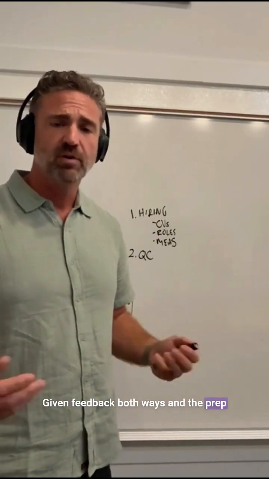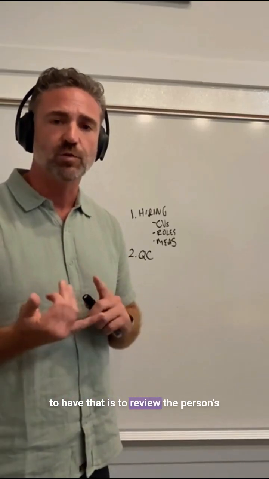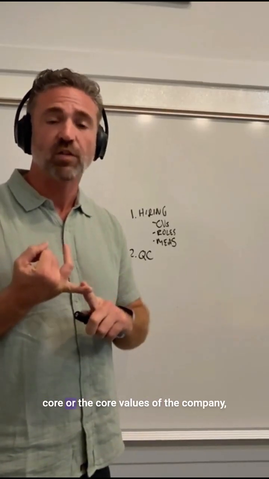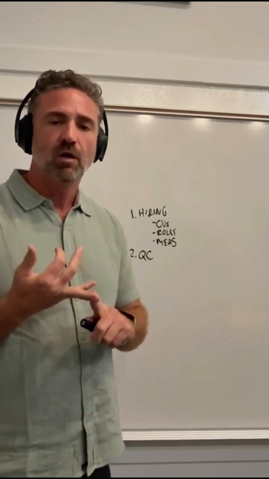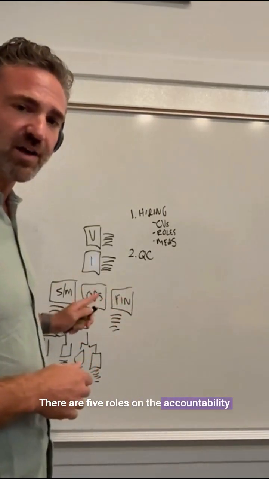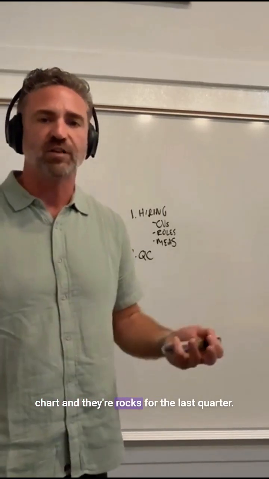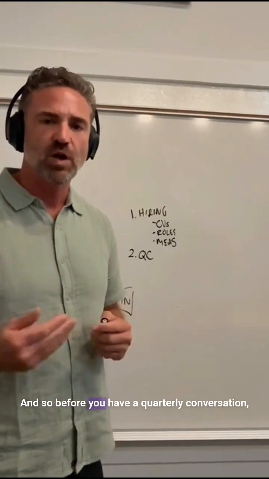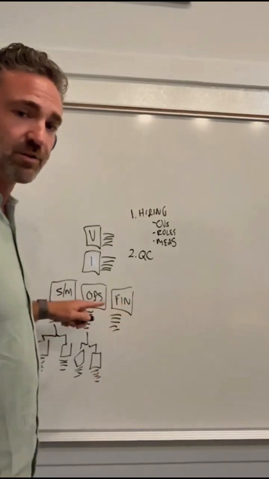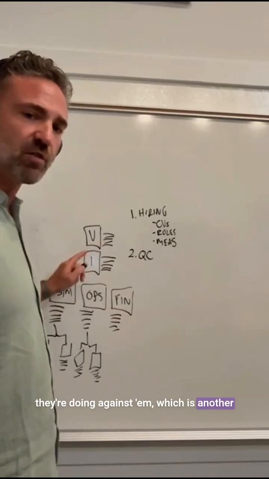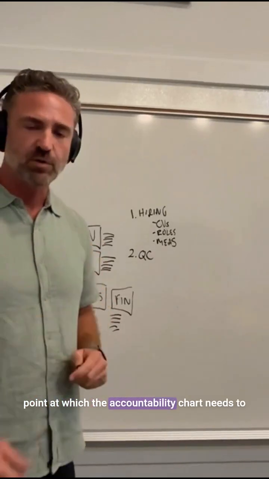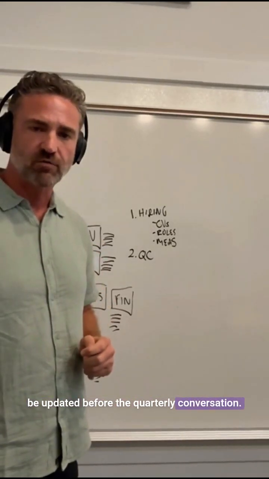The prep to have that is to review the person's core values of the company, how they're doing against them, their 5 roles on the accountability chart, and their rocks for the last quarter. So before you have a quarterly conversation, you have to know their 5 roles and see how they're doing against them, which is another point at which the accountability chart needs to be updated.